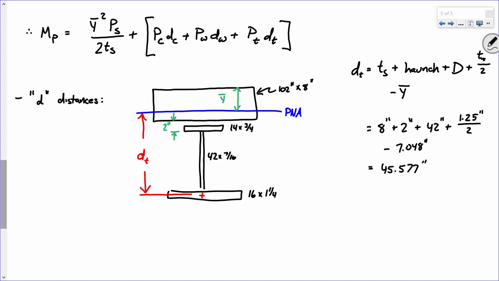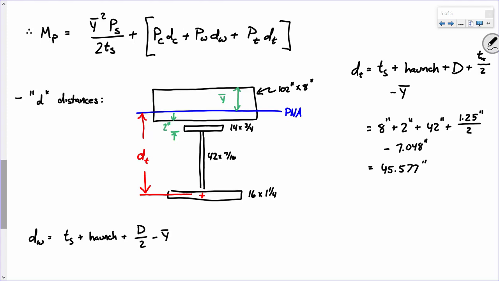Somebody else give me dw. Let's do dw right here. So what's that? So we go down the slab thickness, right? Then we do what? We go a haunch plus what? The whole depth over 2 minus Y bar.